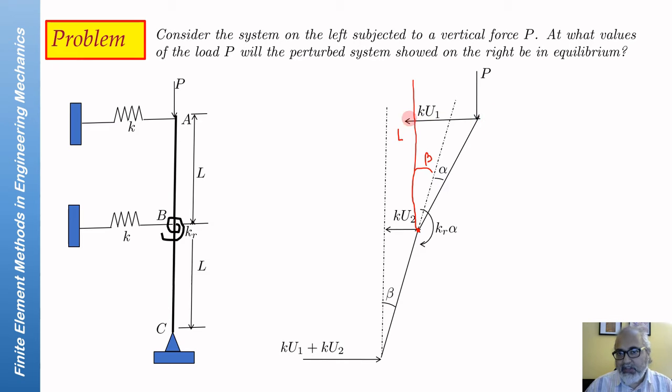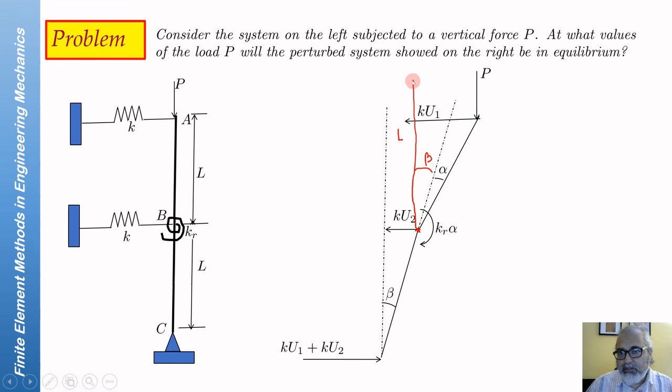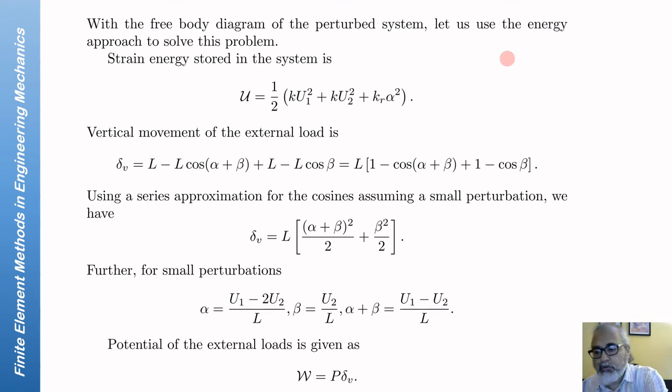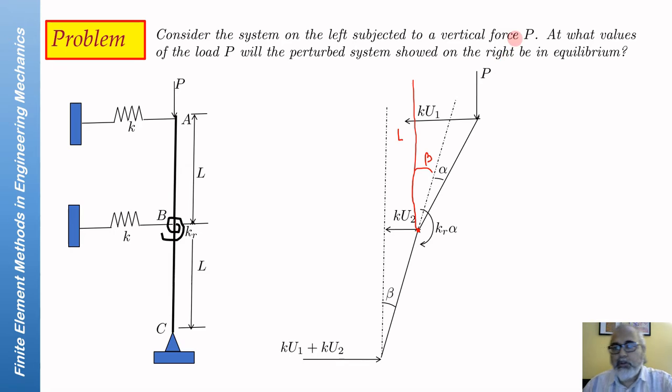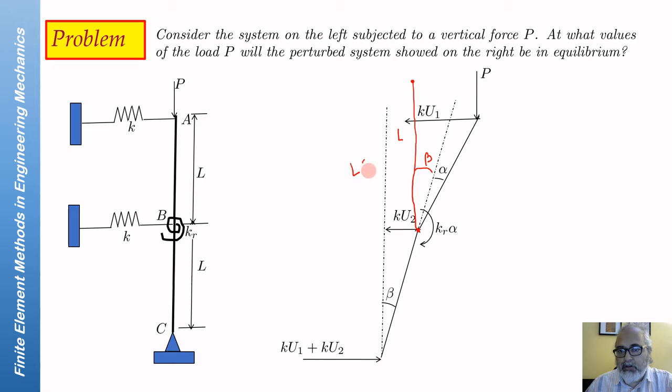Now this point was at height L. I am exaggerating it a little bit. This point was at height L, and now it is at this height, L cos(alpha plus beta).